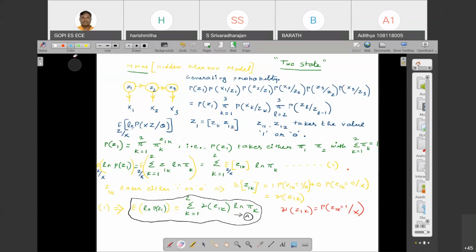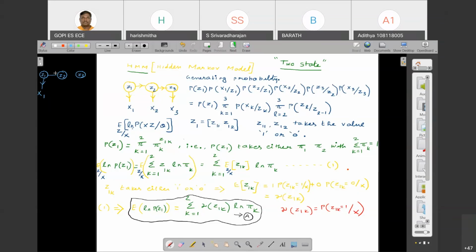So we can say that we have what is called the latent variable associated with each vector, z1, z2, z3. z1 generates the vector x1, right? z1 is the state, a latent variable.